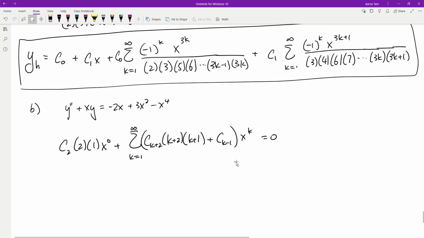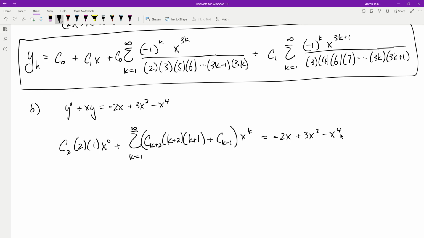Good. So this left side is basically what y double prime plus xy is after I re-index and combine and take out parts and everything. So the only thing I have to change is this 0 to negative 2x plus 3x squared minus x to the 4th.